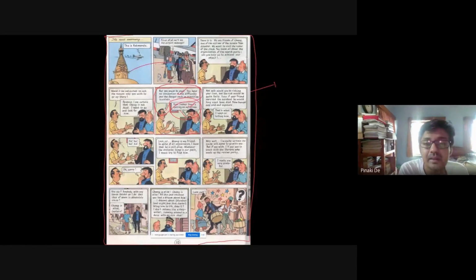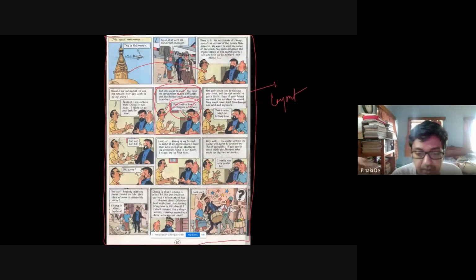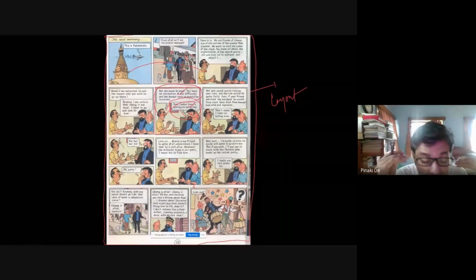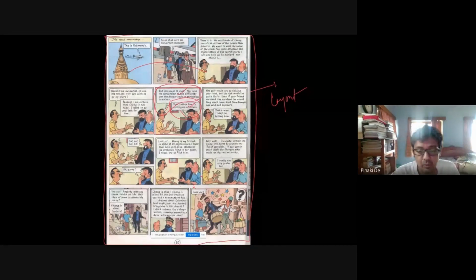The arrangement of the panels, how the panels are arranged, we call the layout, the layout of the panel or the composition of the panel. Here look, in Tintin in Tibet, mostly a rectangular panel is used, almost of the same length and same breadth, there is no complexity and there is an equal length gutter in between. So the gutter is not just a physical blank space. A gutter may or may not be there, but it is also a metaphorical space where you actually make a transition from one panel to another.